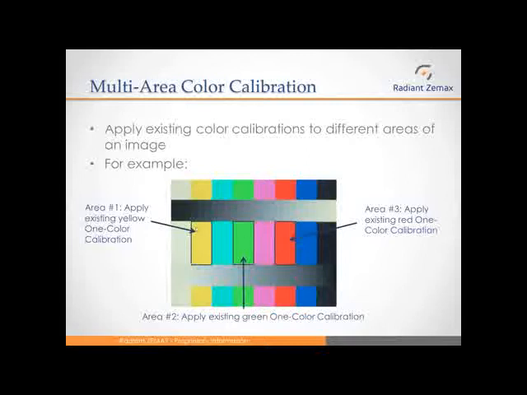Area number 1, we want to apply the existing yellow one-color calibration. Area 2, the existing green one-color calibration. Area 3, the existing red one-color calibration. So it's pretty simple, just basically applying different color calibrations to different areas of the image.